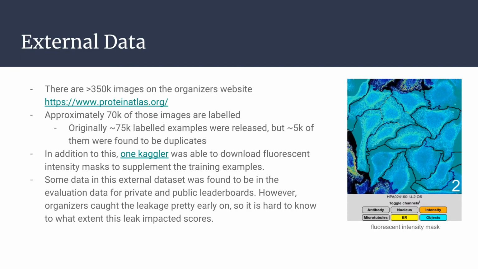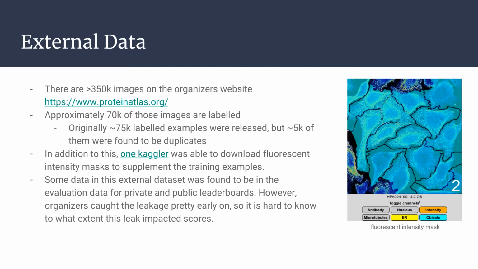Kaggle, as part of the competition, also discovered that there was a lot of external data that they could use. So if you go onto the Human Protein Atlas database itself, then you can actually find about another 350,000 images on top of the 30,000 that were provided as part of the training set. Not all of those were labeled, though.